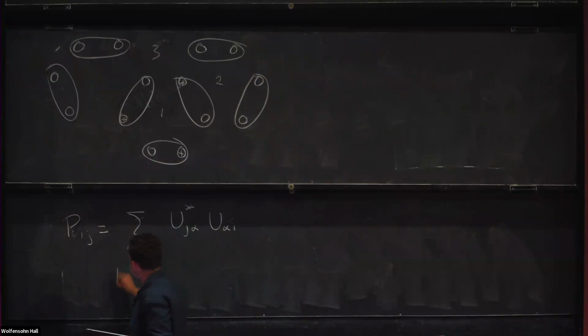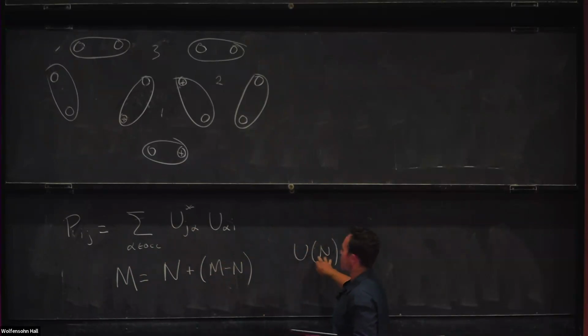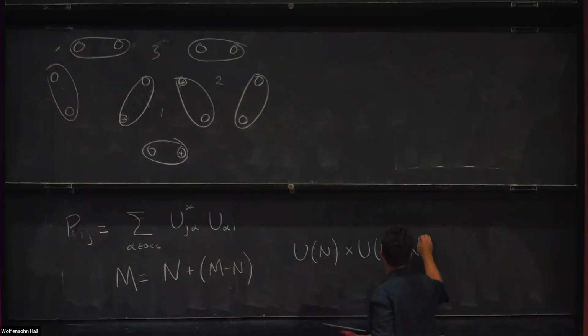In fact, if we say that there's m orbitals and n of them are occupied and m minus n are unoccupied, you'll see that the projector is invariant under any unitary transformation acting only within the occupied space, as well as unitaries acting in the unoccupied space.